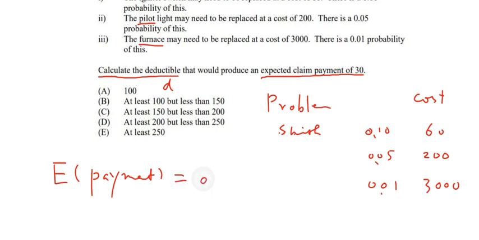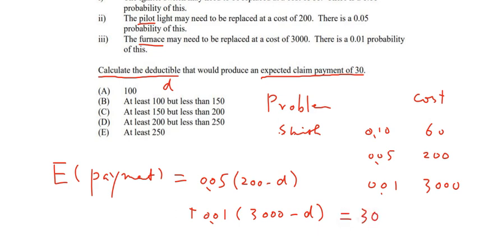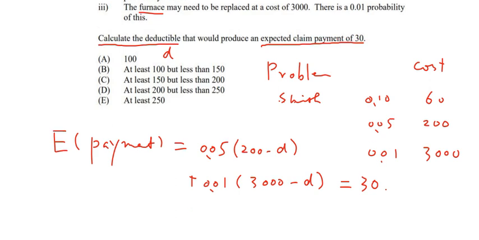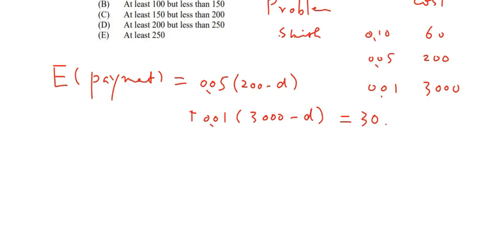It should be like 0.005 times 200 minus D, plus 0.001 times 3000 minus D. So we let this equal 30. So we can find D. Right? So we can easily find D.